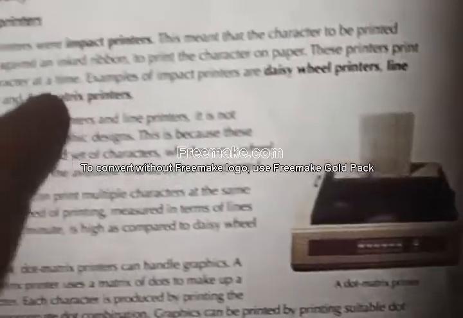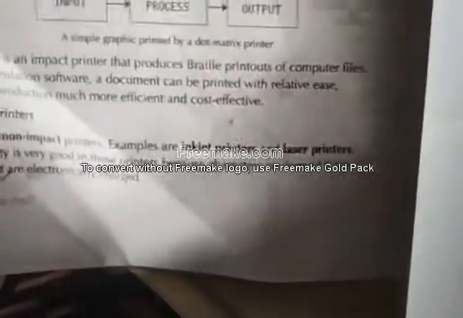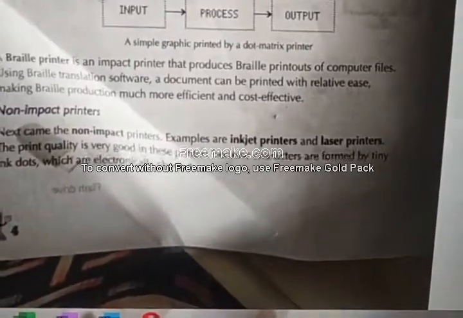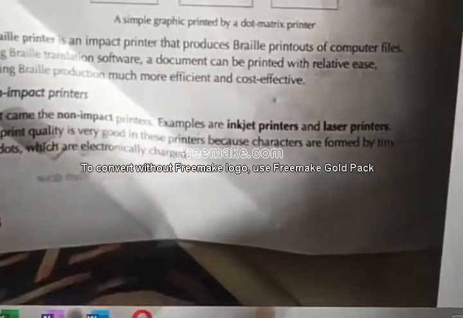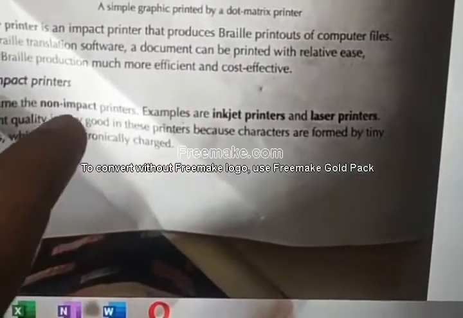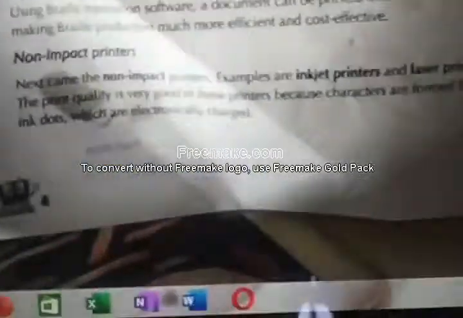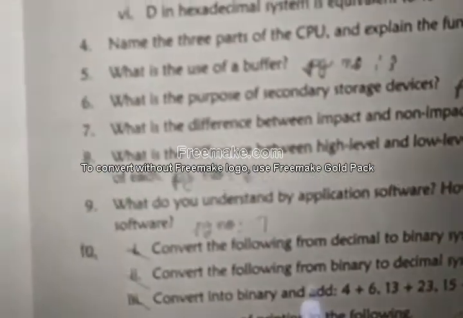From earlier printer till dot matrix printer, that is 1 point. And in non-impact printer, the first para from next came till changed. What we saw is the answer for question number 7.